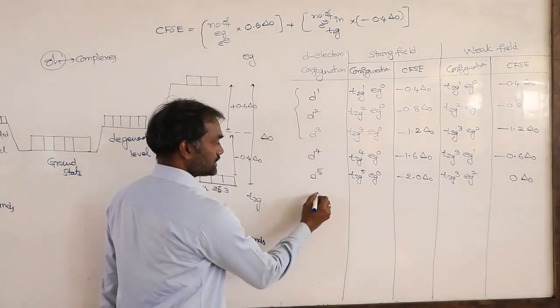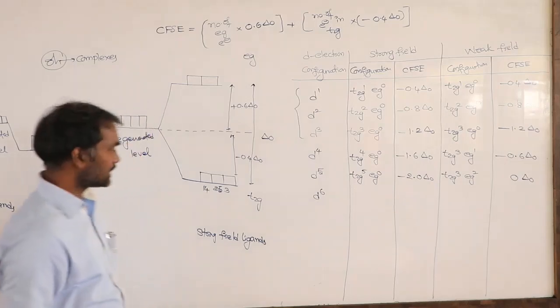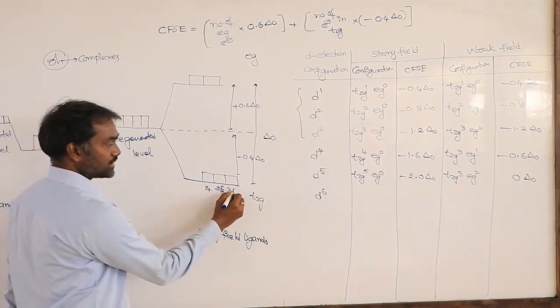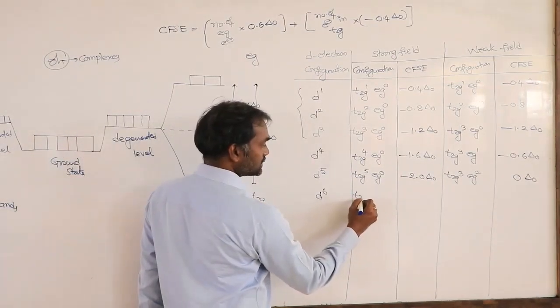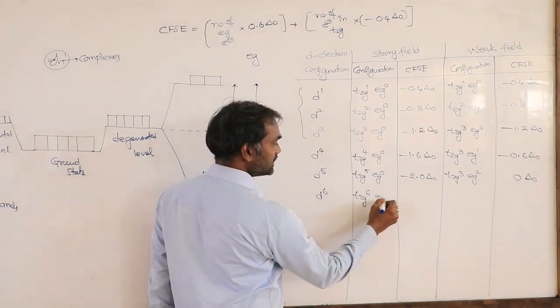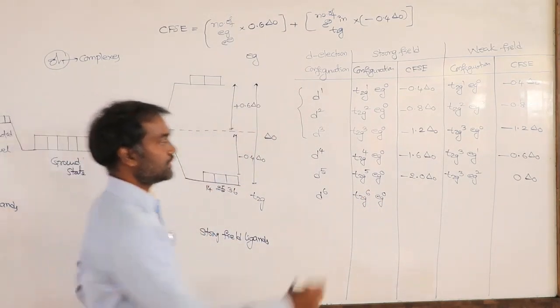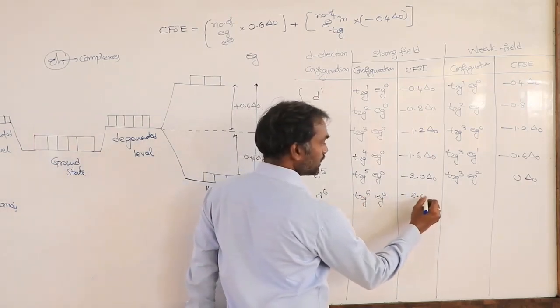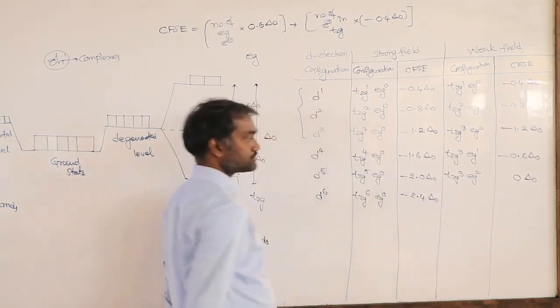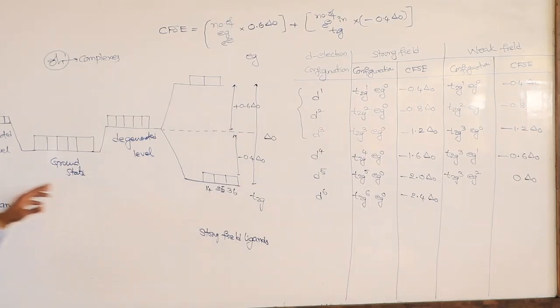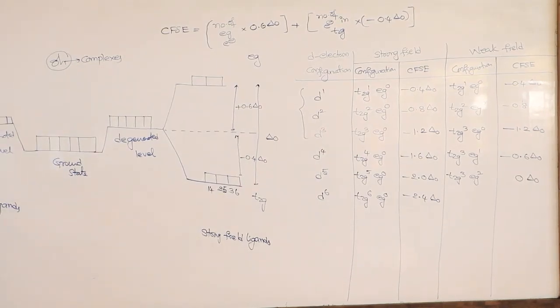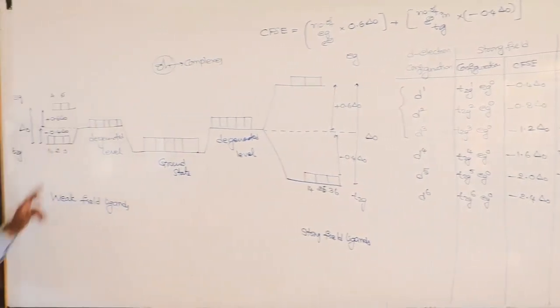Next, D6. In strong field, the sixth electron combines with the third. You write T2G6 EG0. So 6 into minus 0.4, minus 2.4 delta 0. Next, the sixth electron in weak field. Now the half filling is over, so it is combining with the first electron.